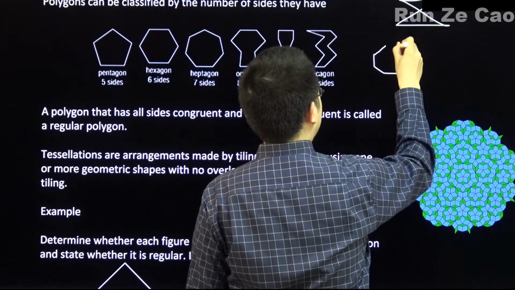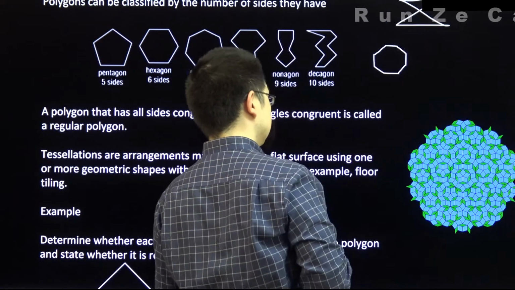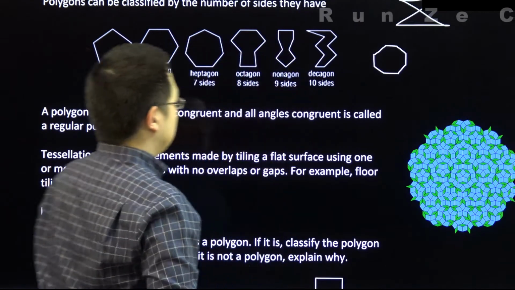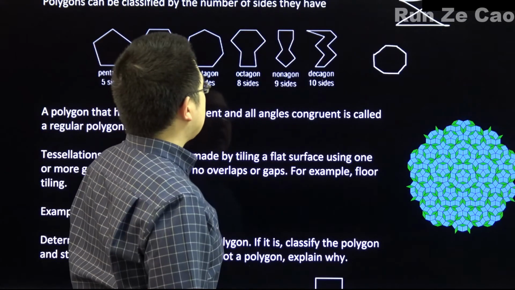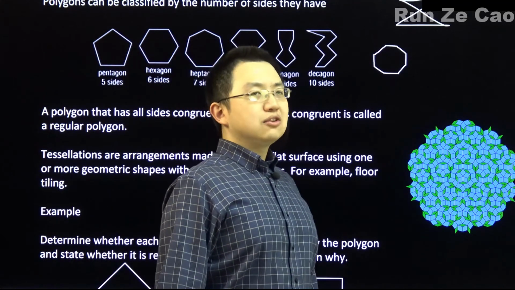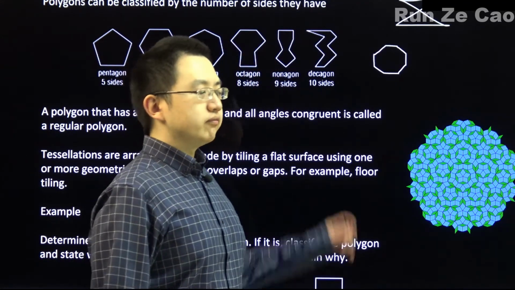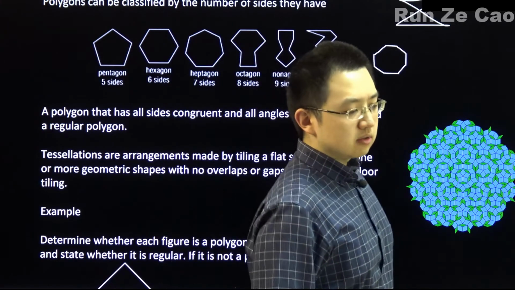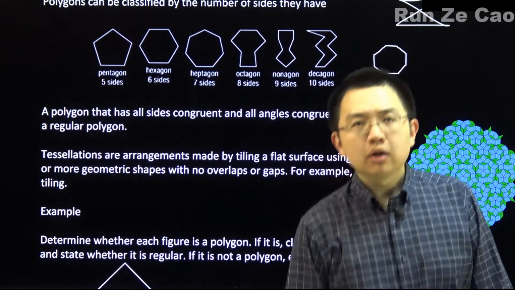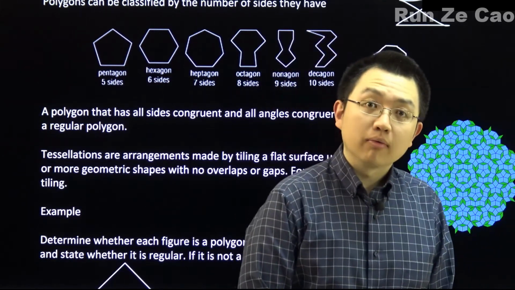It looks somewhat like this, except all the sides are actually the same length. A nonagon has 9 sides and a decagon has 10 sides. And then after that, for our purposes, we don't bother with having special names for them. We say like 13-sided shape or 23-sided shape.